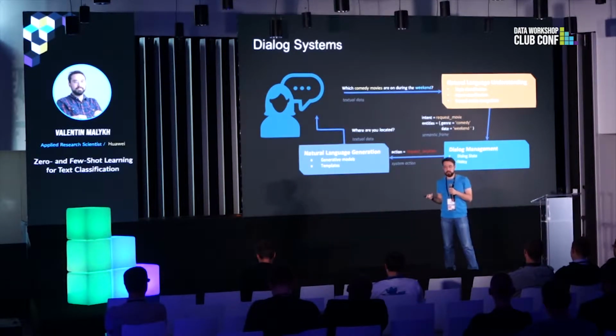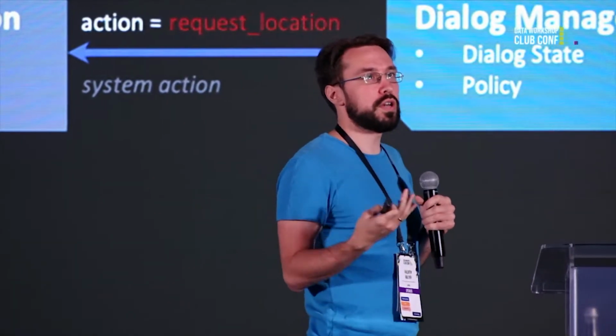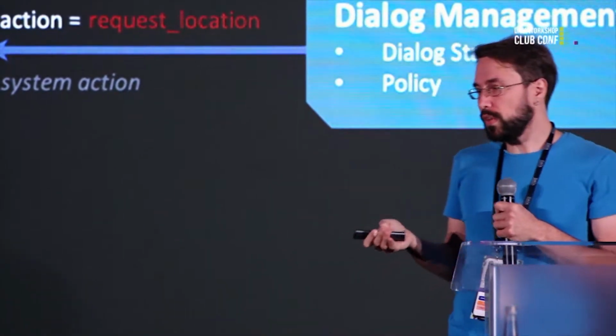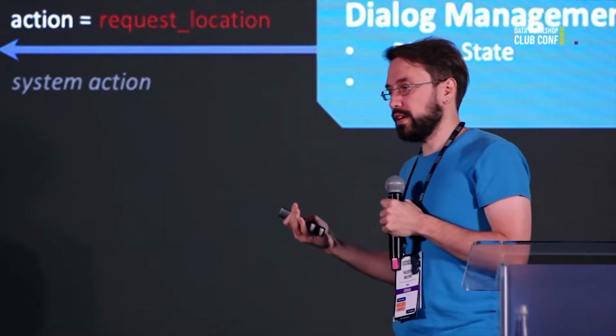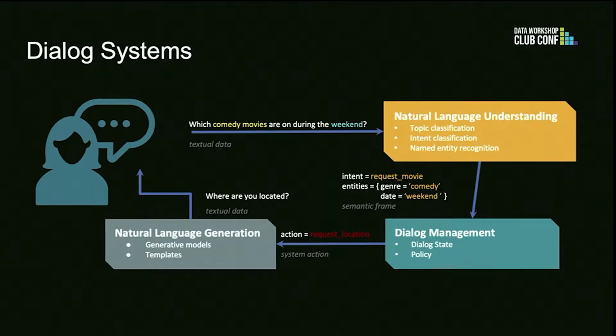Next part is natural language understanding, and this is what I will concentrate on in this talk. After that, the data from natural language understanding. I'll come back to this in the next slide, so just keep it for now.